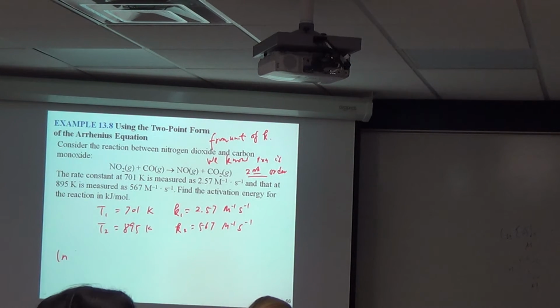I think it looks like this. ln of K1 over K2 equals EA divided by R, times, I forgot T, 1 over T2 minus 1 over T1.